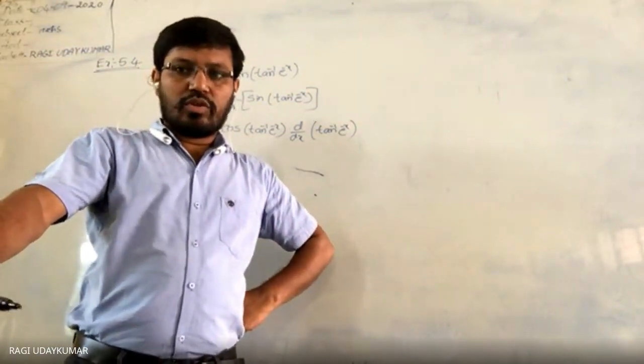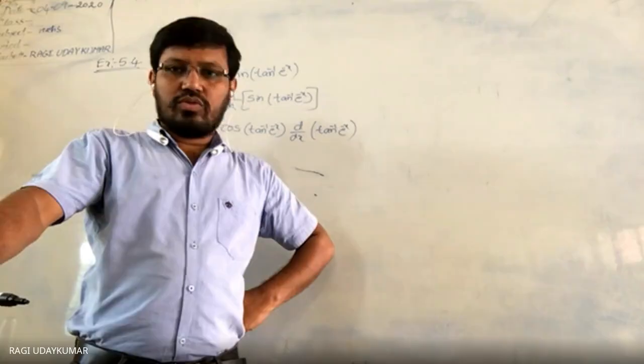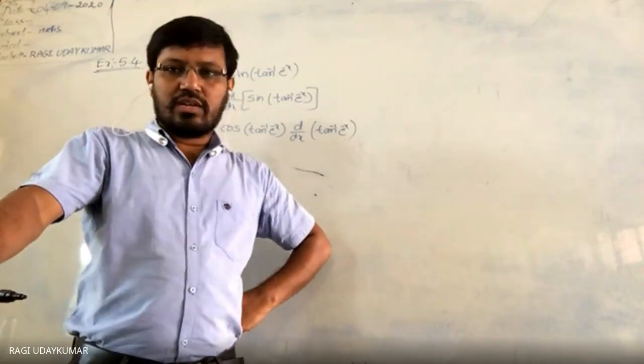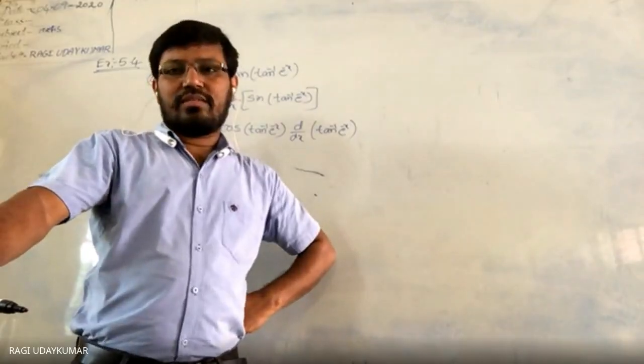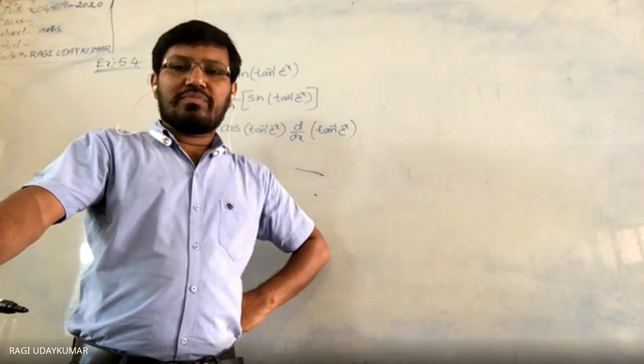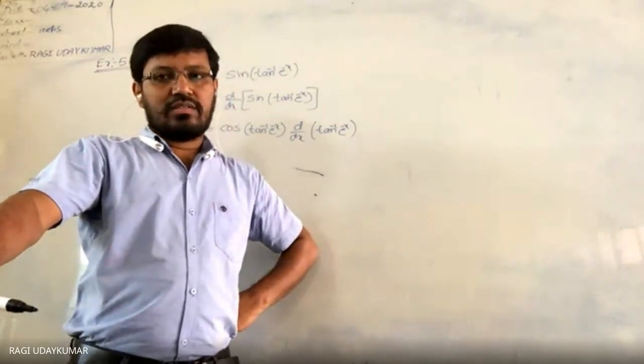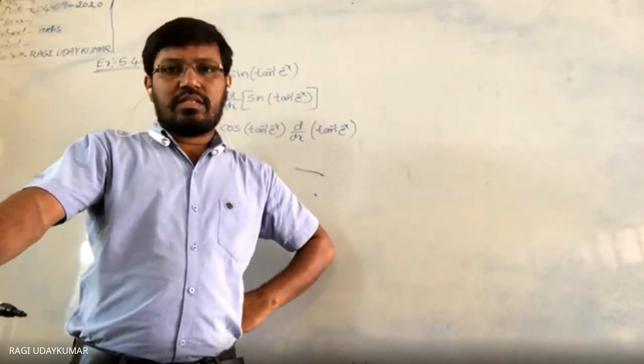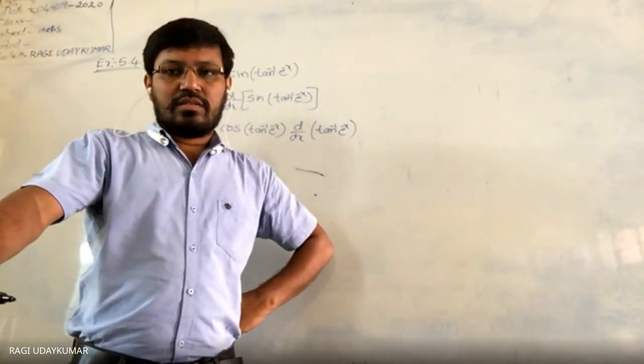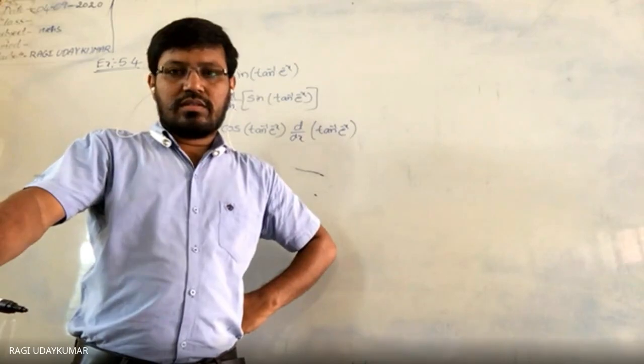Mrinmay is saying but not audible to me. 1 by root over 1 minus, no, not root. Tan inverse, not root. 1 by 1 plus x square. Yes, 1 by 1 plus x square. 1 by root over 1 minus x square will be there for sin inverse. Okay.